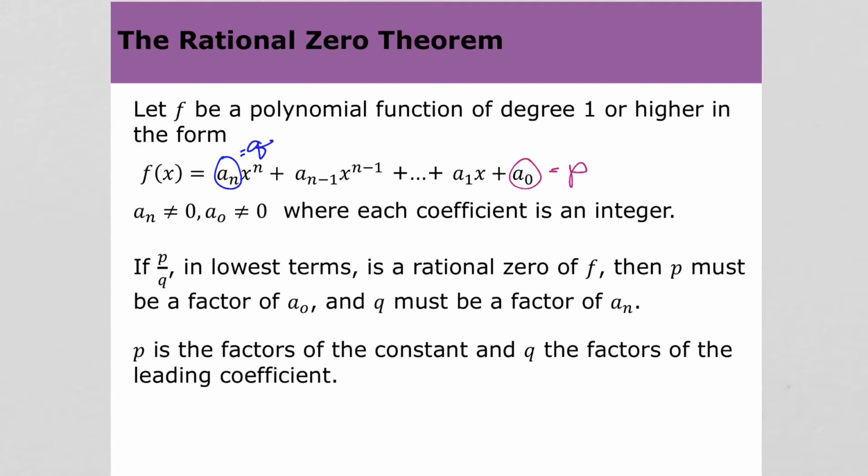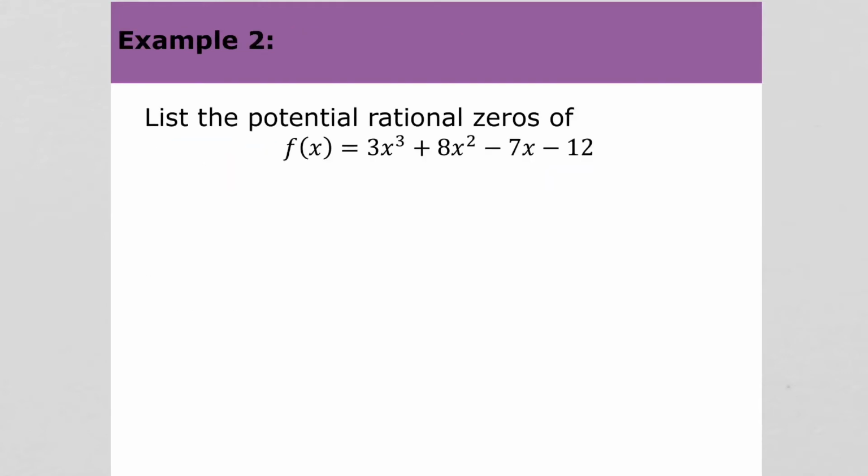So basically, well, let's just look at an example. If we look at negative 12, P is going to be the factors of negative 12. What will go into negative 12 evenly?